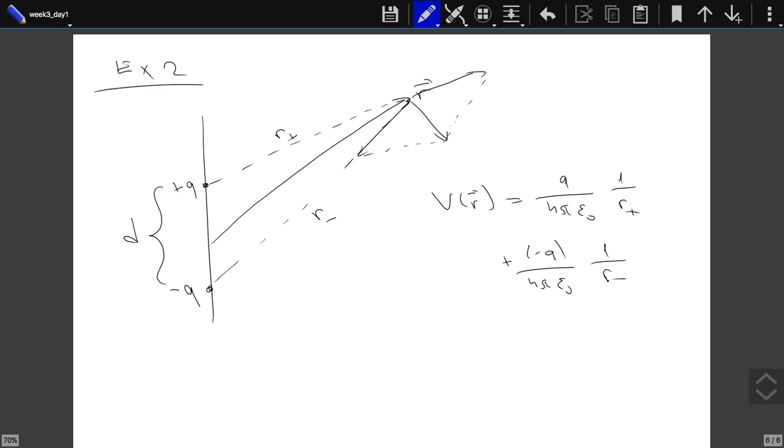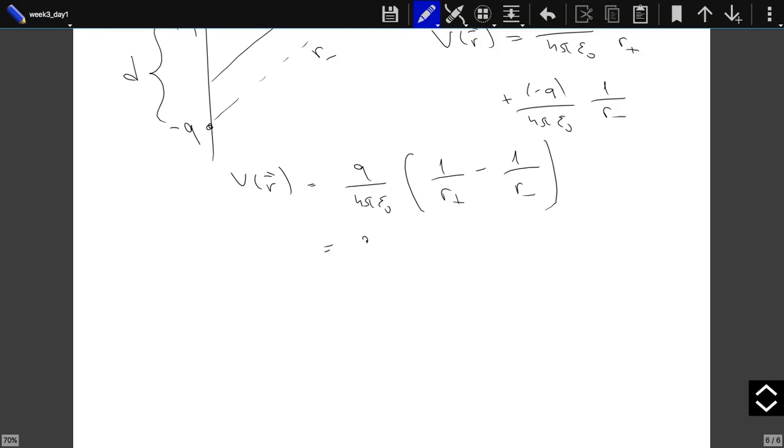R plus is the distance from the positive charge. Or the potential at the point r is equal to q over 4 pi epsilon 0, 1 over r plus minus 1 over r minus. Or this is equal to q over 4 pi epsilon 0, r minus minus r plus over r plus times r minus.